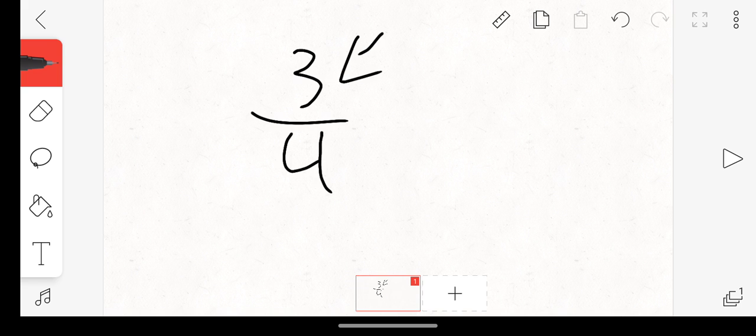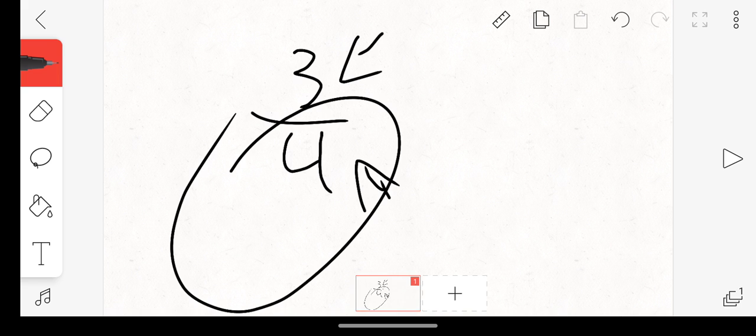But in fractions there is a rule. The numerator can't be larger than the denominator.